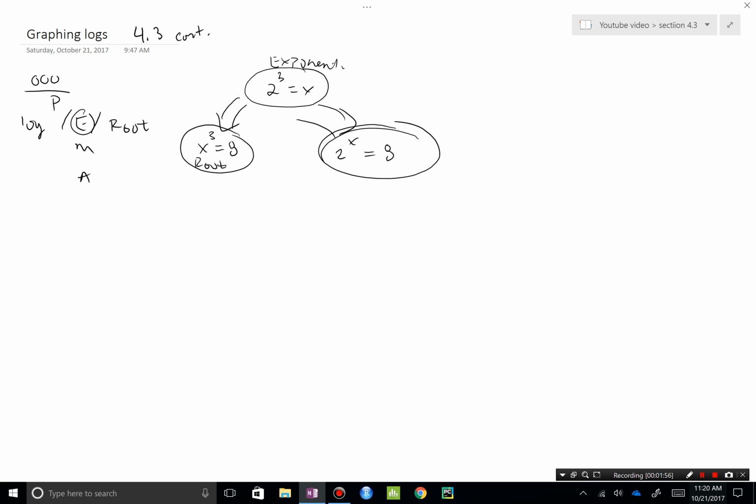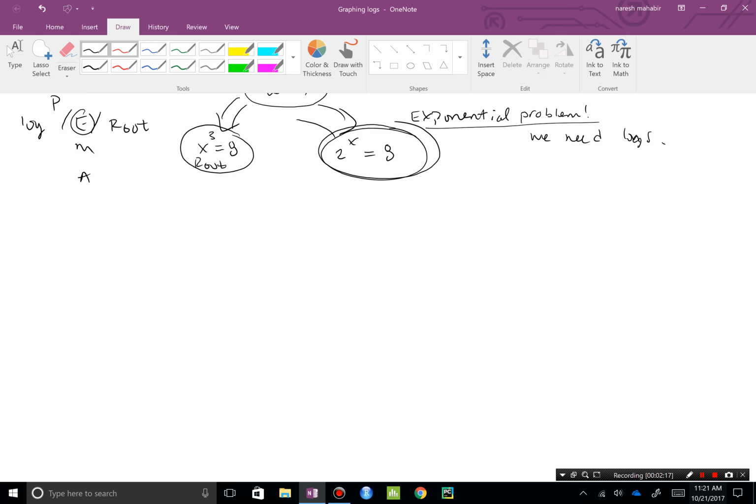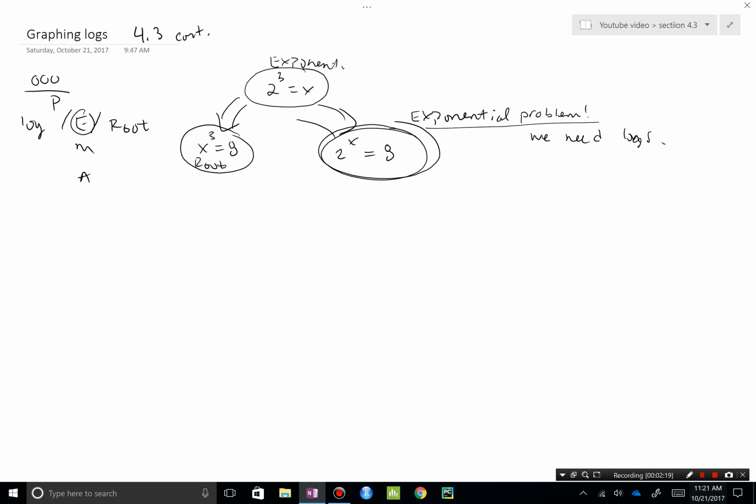So note, this is an exponential problem. To solve an exponential problem, we need logs, because logs undo exponentials, and that's the big thing. I'd write that in red and put bubbles around it, because it is the big piece of what we're talking about.